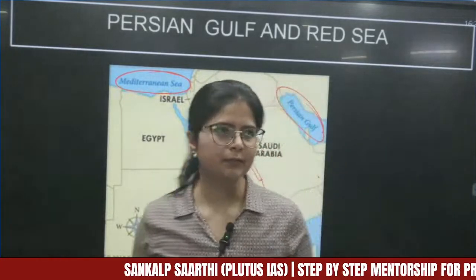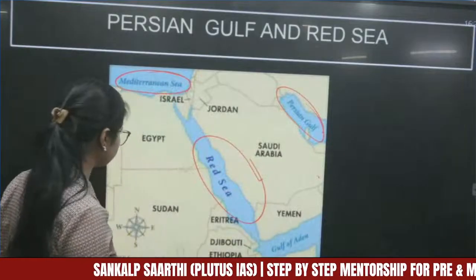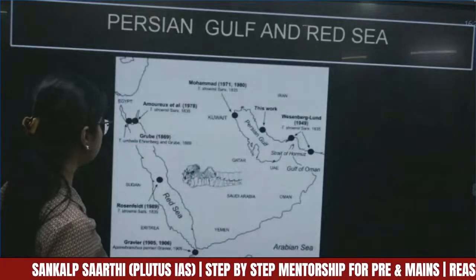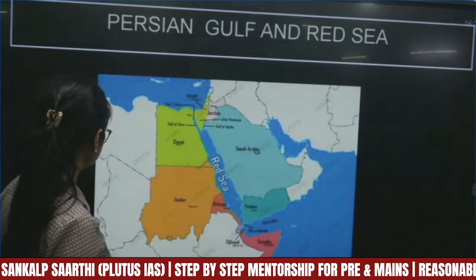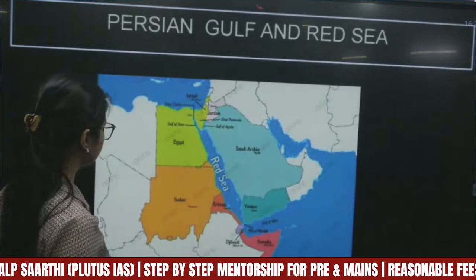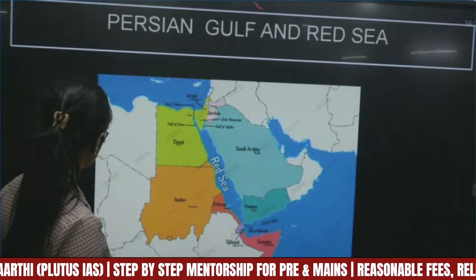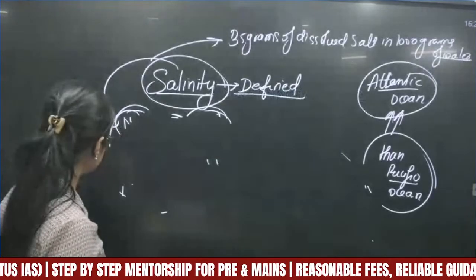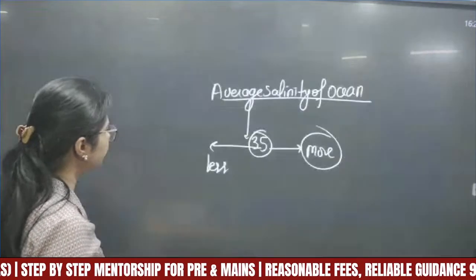Why? Because this is a major question of a lot of students, ma'am. Where are we going to have more salinity, either in the Atlantic Ocean or the Pacific Ocean? And also, it is important to note the differences. If this is the case, then what is the difference of one having a higher value?